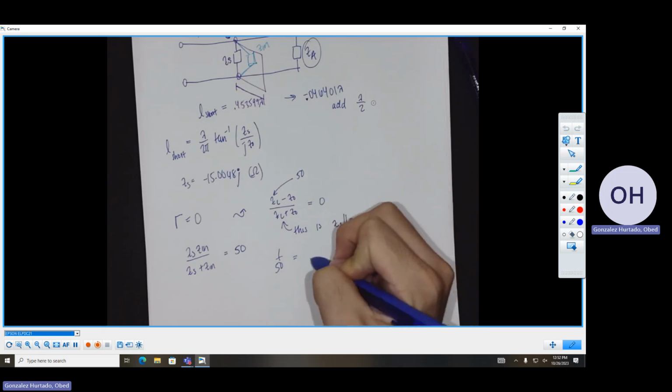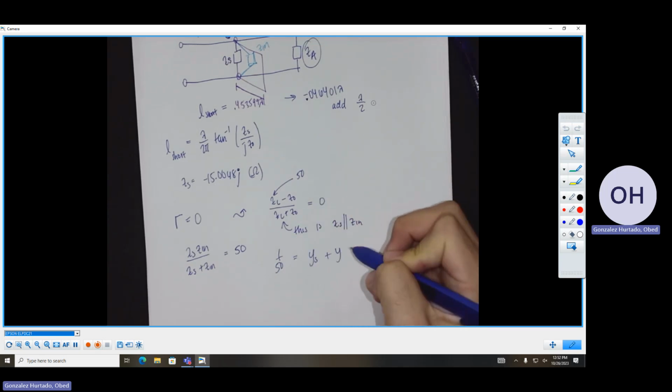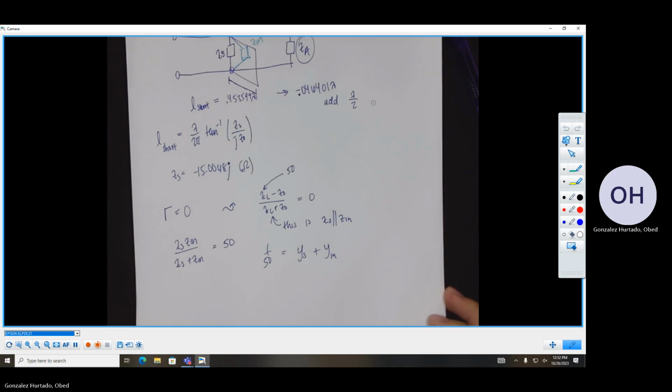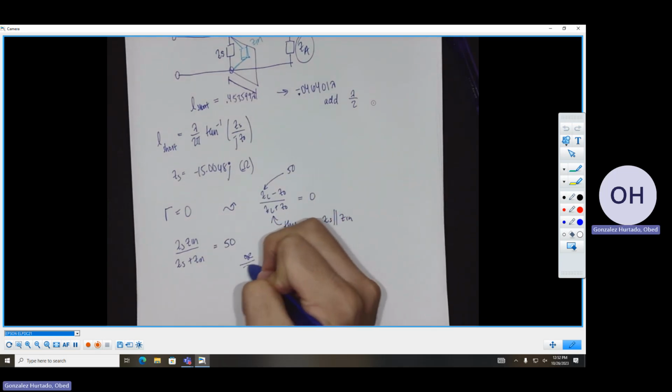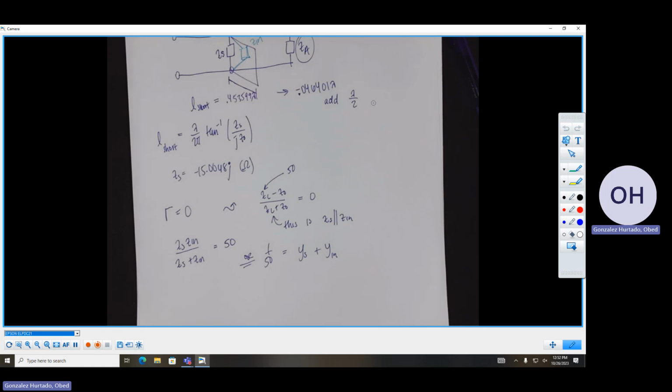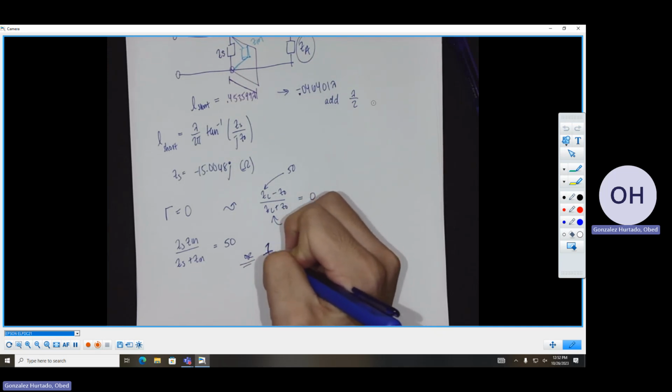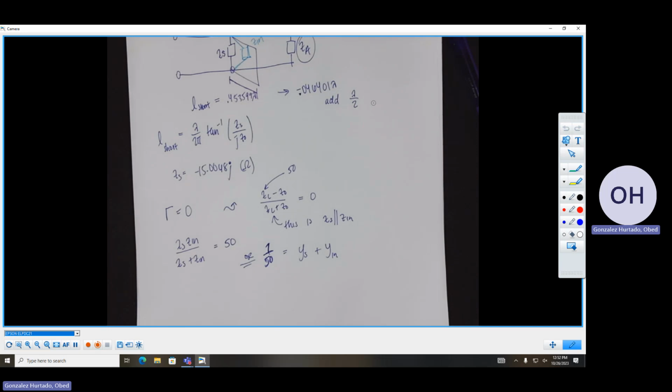So with that, we know that YS plus YN equals this. That is also true. Is that a 50 with an upside down cross? Yes, it's a 50. 1 over 50.